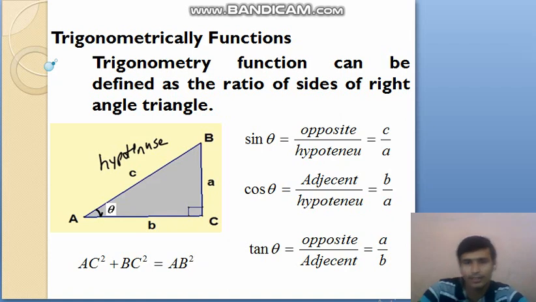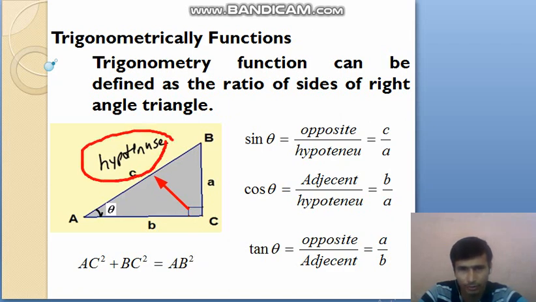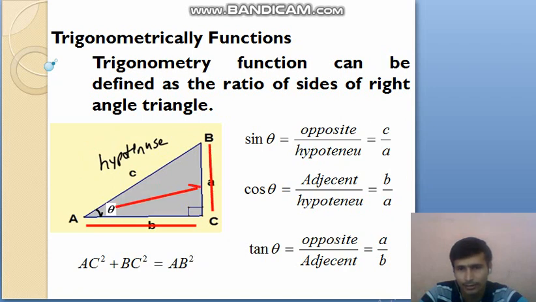The right angle triangle is a triangle with one angle of 90 degree, right? The side opposite to the 90-degree angle is called the hypotenuse. This side is called the adjacent side and this side is called the opposite side of this angle, right?